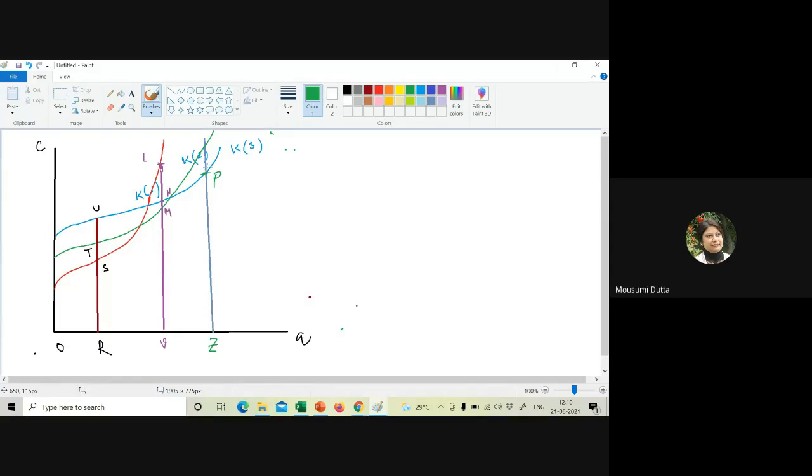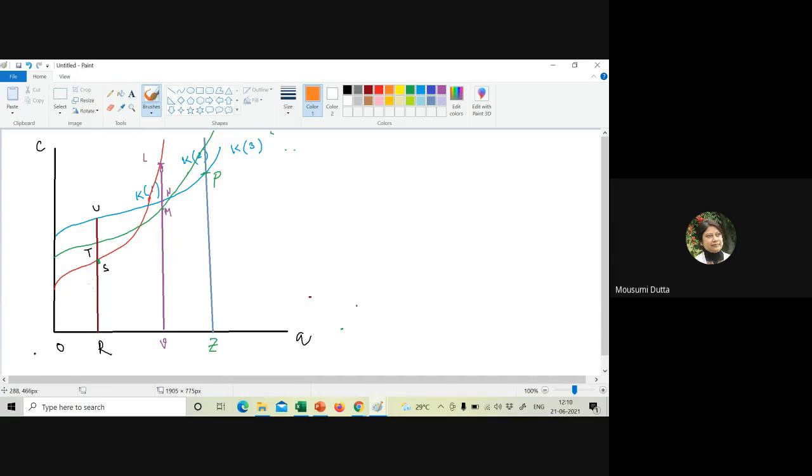Now, joining these points, say S, M, P, we will be able to draw the long run curve. Joining the points S, M, P, where the output level is cutting a plant size and giving the minimum cost, we can derive a continuous locus, and that locus will give me the long run curve.